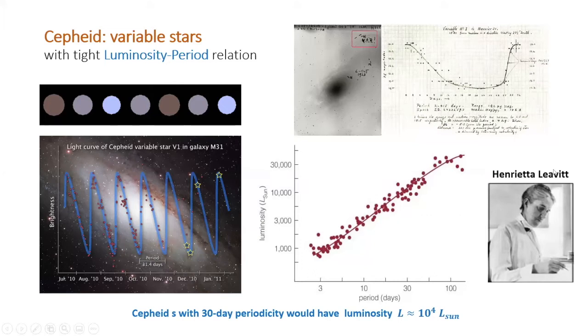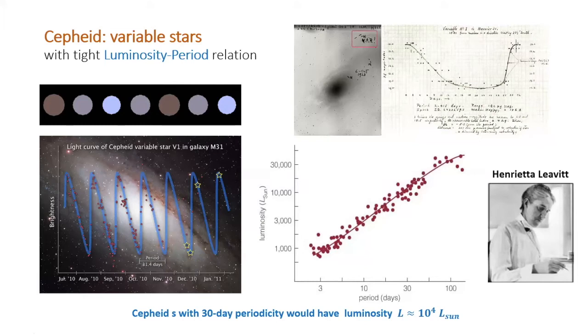Henrietta Leavitt studied many of them and found a very tight relation between their brightness and periodicity. So when they brighten and dim, it seems that the brighter they are, the longer their period is.